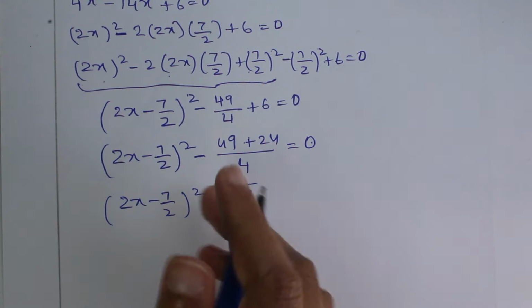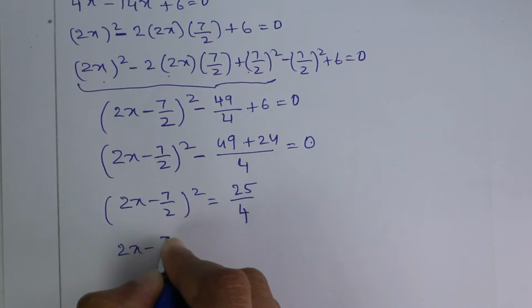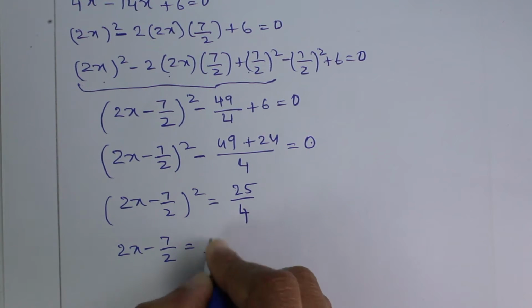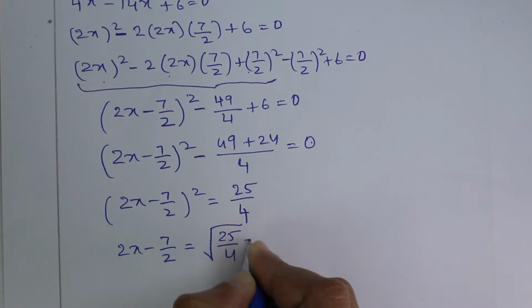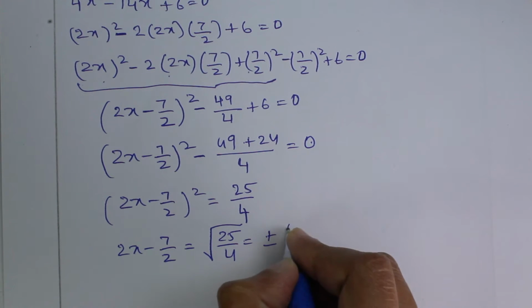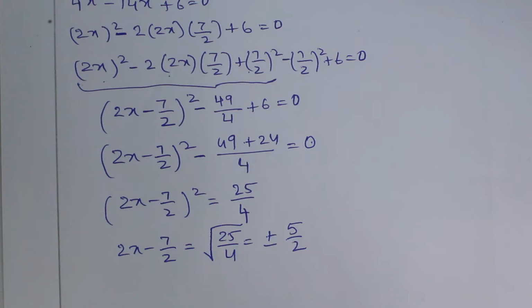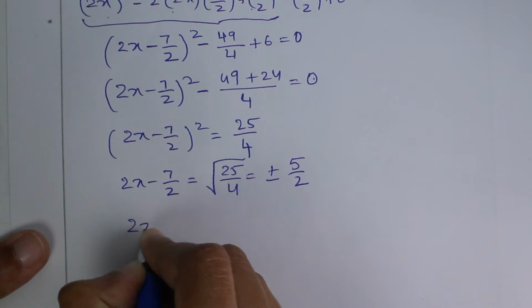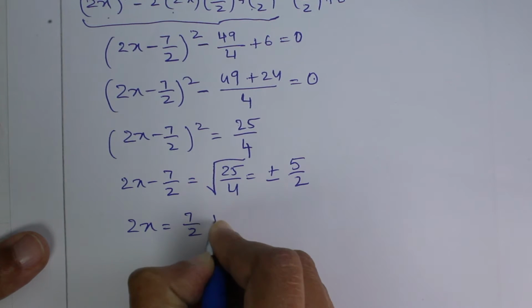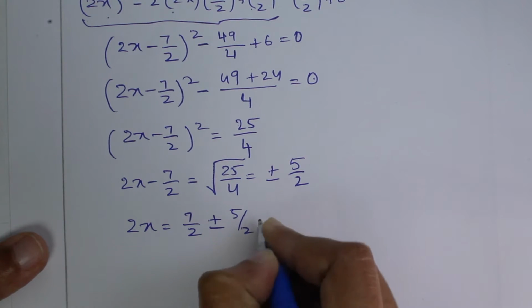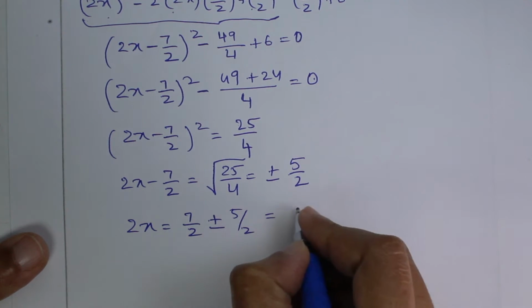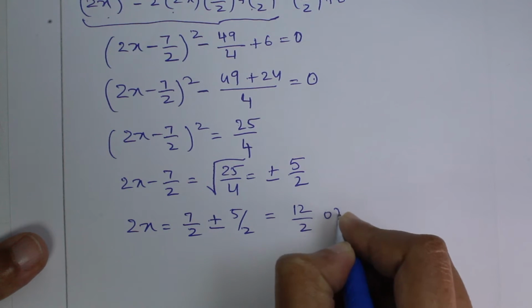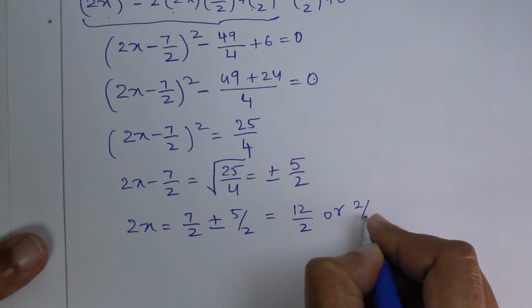Okay, now 2x minus 7 by 2 is equal to square root of 25 by 4, that is equal to plus or minus 5 by 2. So 2x is equal to 7 by 2 plus or minus 5 by 2, that is equal to 12 by 2 or 2 by 2.